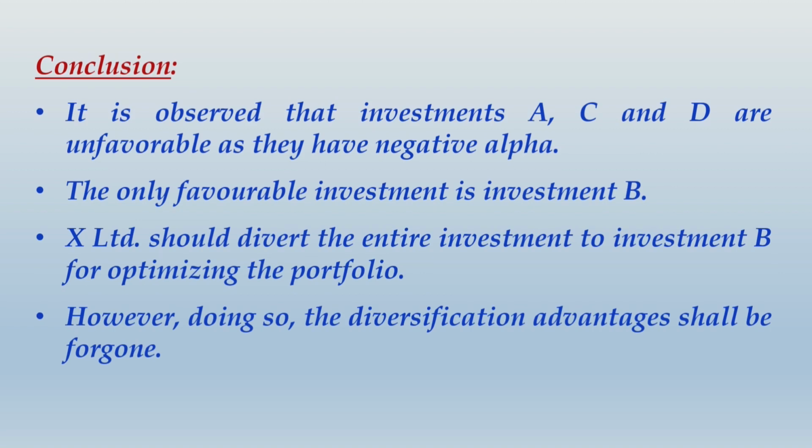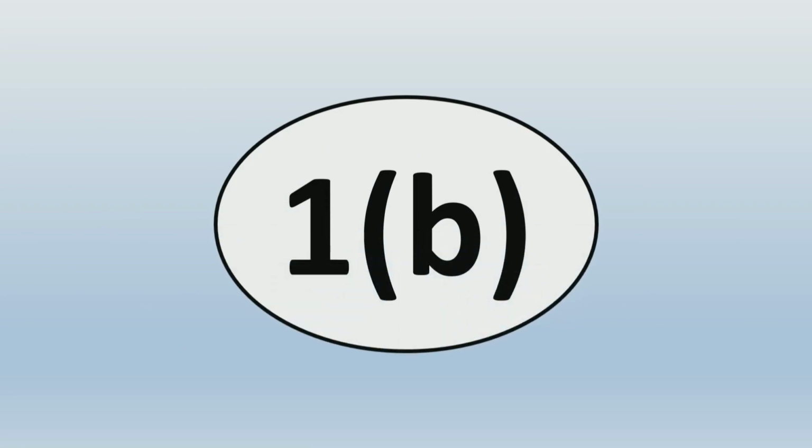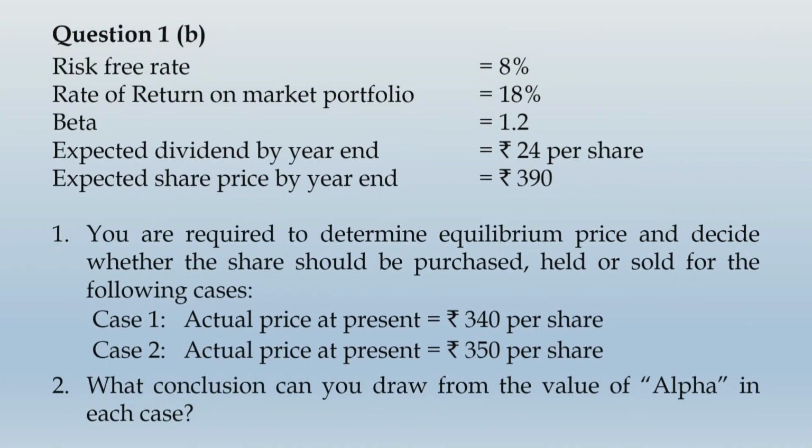Alright friends, let us move ahead and now take up the next question, that will be question 1b, and question 1b reads like this. Risk-free rate is given as 8%, rate of return on market portfolio is given as 18%, beta is given as 1.2, expected dividend by year end is given as rupees 24 per share, expected share price by year end is given as rupees 390.